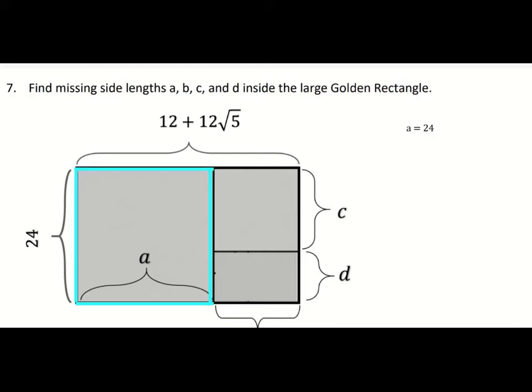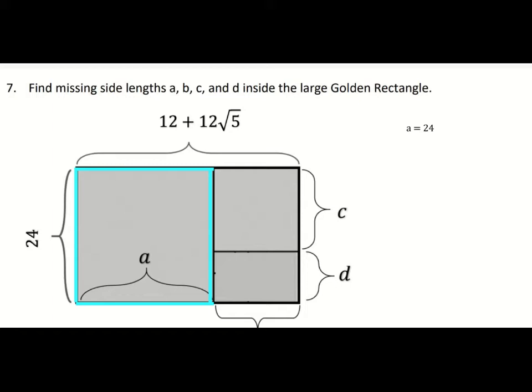The first thing I'd like you to realize is that this is a problem where we take a golden rectangle, we chop off a square, we look at the rectangle that remains, we chop off the largest possible square again, and we're left with a rectangle BD, with side lengths B and D. That's what we're doing here. So what we can call upon is the definition of a square.